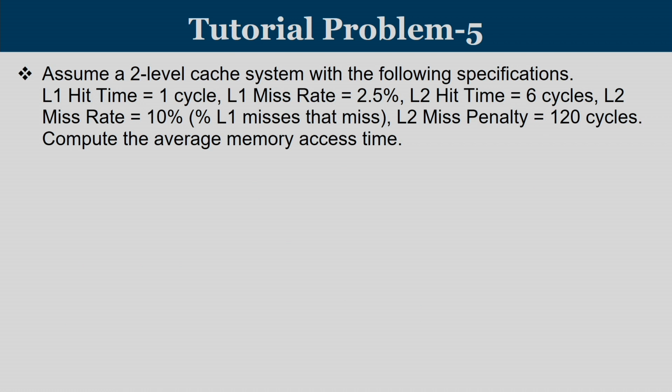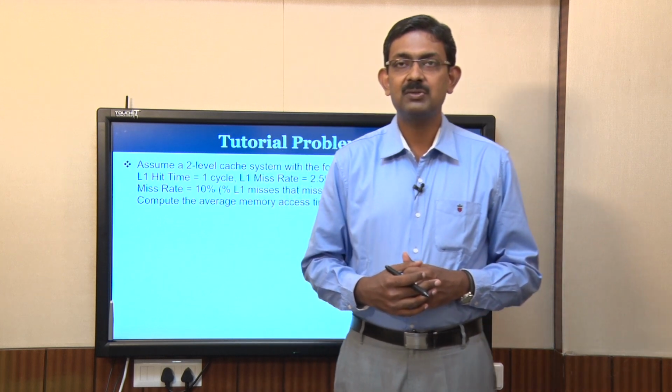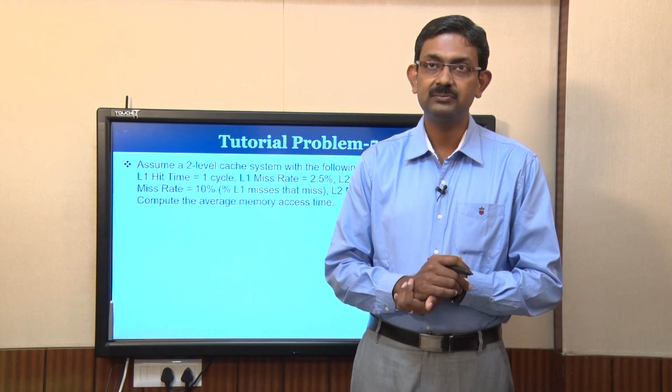Now, we will take up the last problem for the day. This is a problem where you are given a multi-level cache. You have an L1 cache and an L2 cache. When you have L1 and L2 caches and their specifications are given, the question is the average memory access time of the entire memory hierarchy.